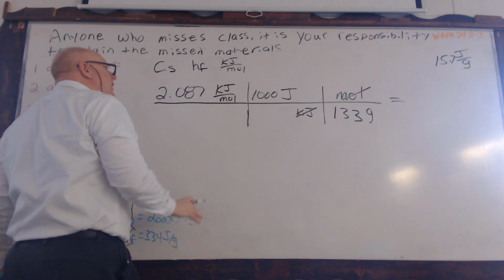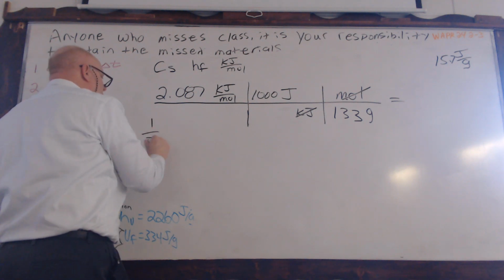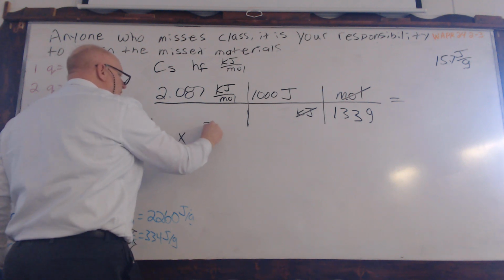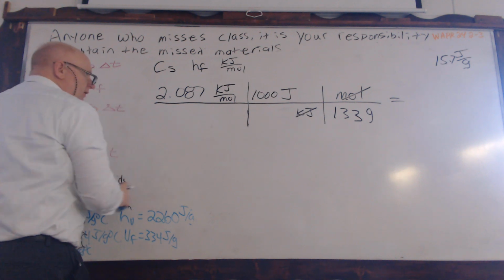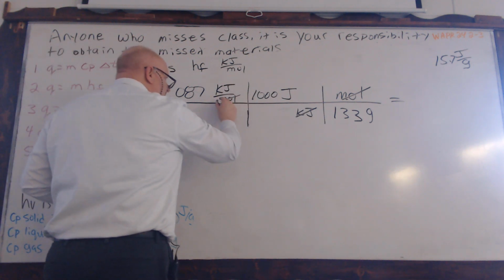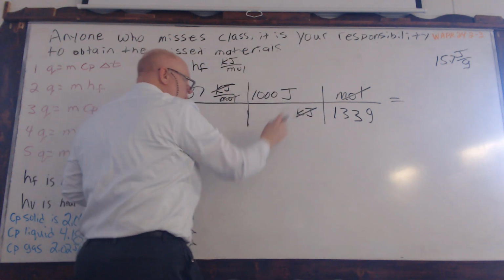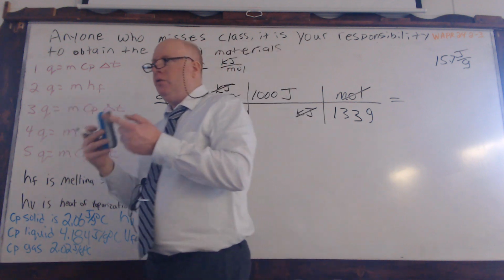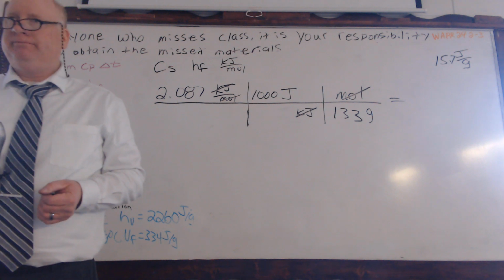Because what happens is it's just like taking 1/3 times 3, which is 3 over 1. It's just an inverse, okay? So in this case, this still cancels that out. That still cancels this out, and you're in joules per gram, which is what you want, okay? So that's how you convert the two. So that's all we gotta do. That's all you got to do.